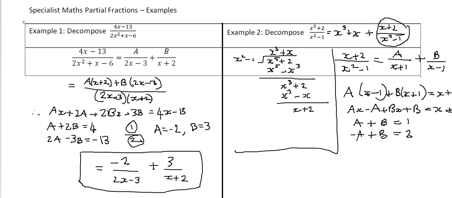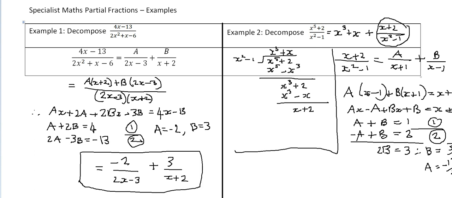Okay, so we have two simultaneous equations again, 1 and 2, and these ones are pretty easy to solve. If we just eliminate a, we will get 2b equals 3, and therefore b has got to be equal to 3 on 2. And if b is equal to 3 on 2, a must be equal to negative 1 on 2 from equation 1.